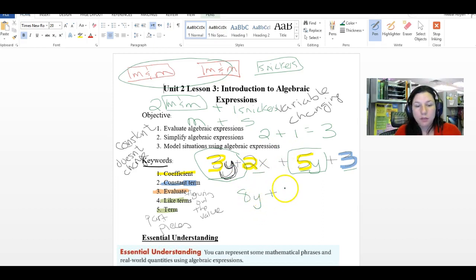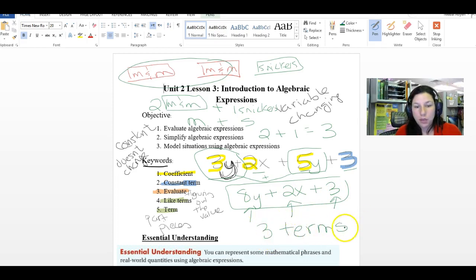So anytime you can simplify things and combine them, put those two together. Now I have a simplified expression that has 1, 2, 3 terms. So the terms are each piece of the expression after you've found the like terms. And then we can talk about what are the rules for having like terms.